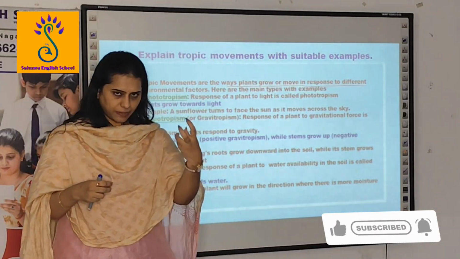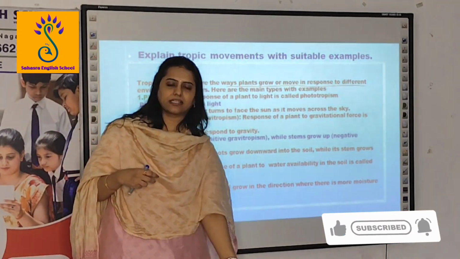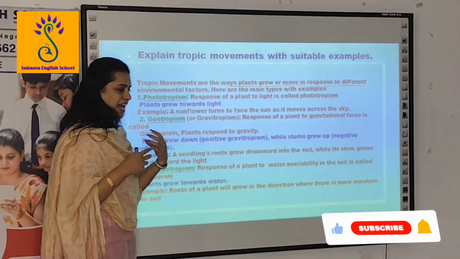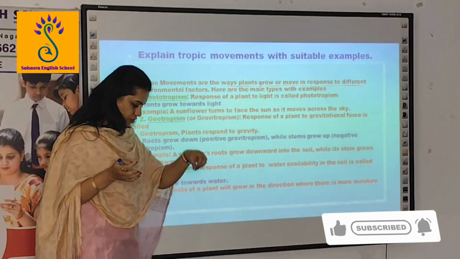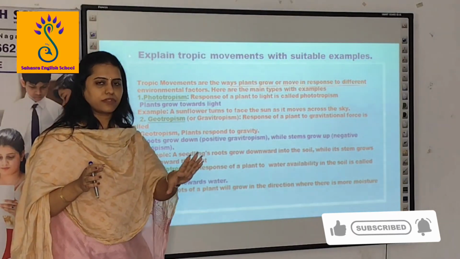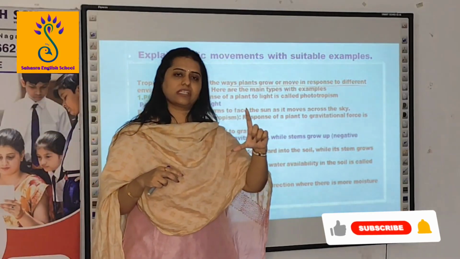Roots are growing towards the gravity. This is called geotropism or gravitropism. Roots grow down towards the gravity, so it is positive. Four-mark questions can be asked, a passage can be given.